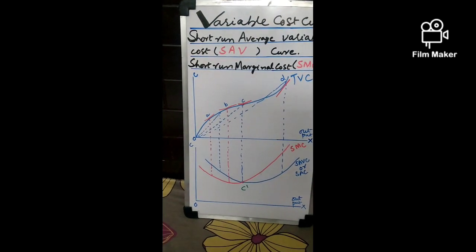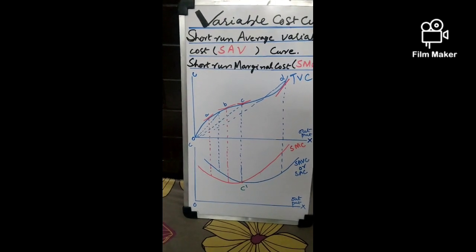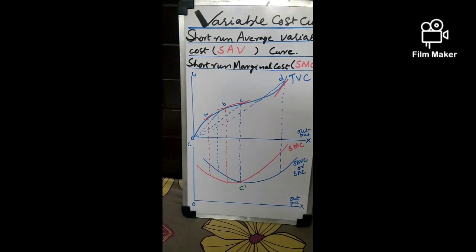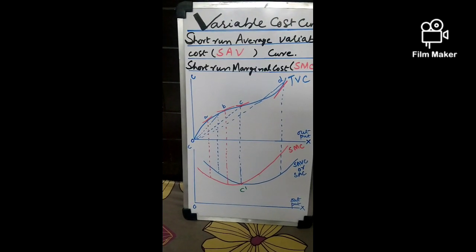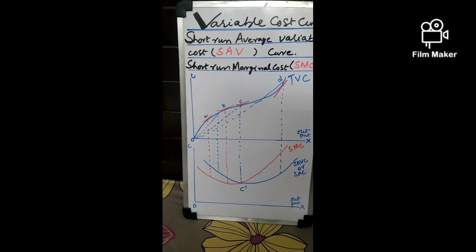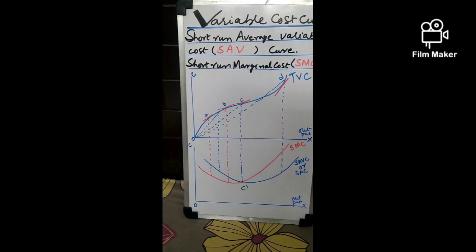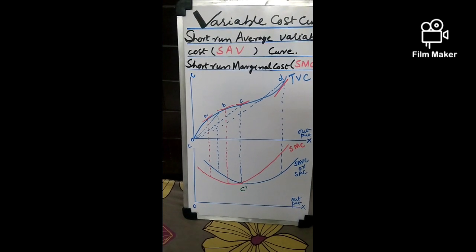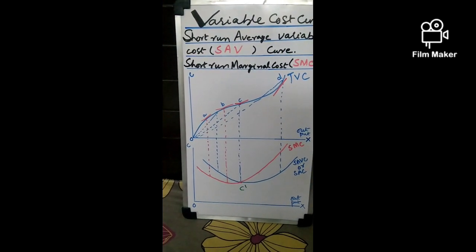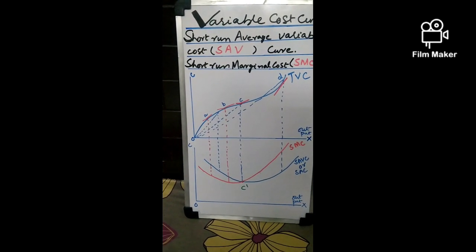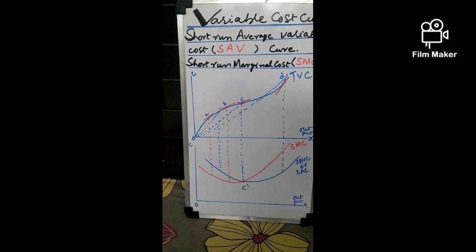Average means per unit. The per unit cost of production increases after point C dash. So the short run average variable cost curve is U-shaped, which shows that initially when output increases, cost increases at a decreasing rate, then it reaches its minimum, and then it starts rising with every unit produced.